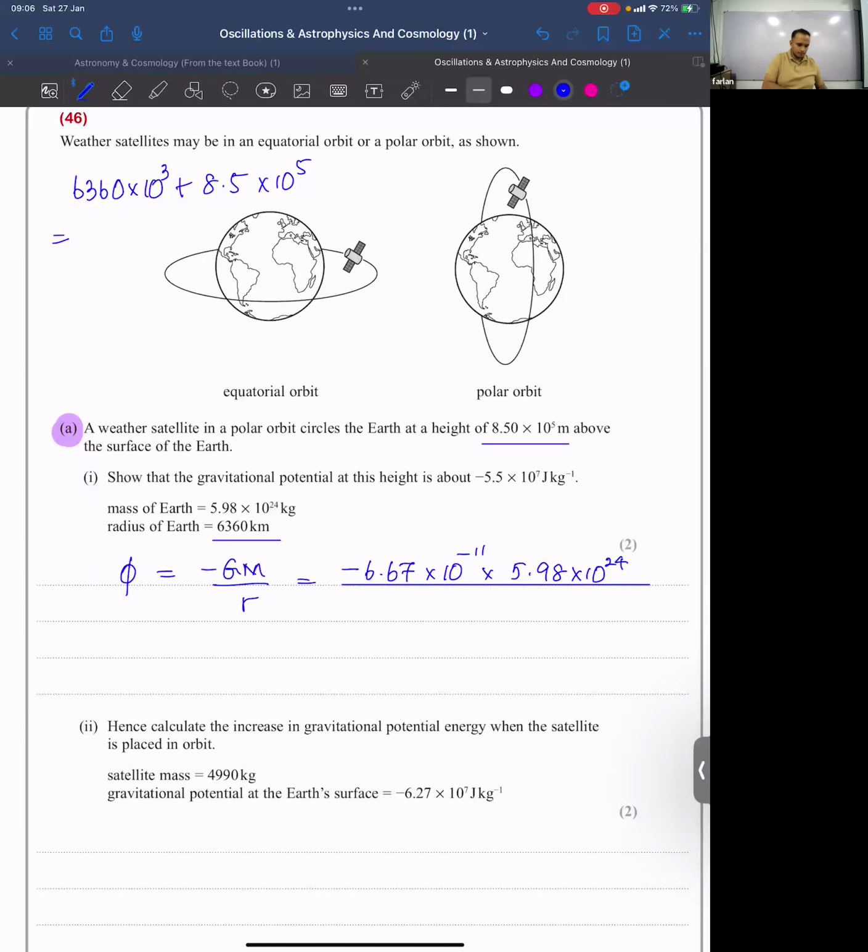That will be 7.21 into 10 to the power 6.